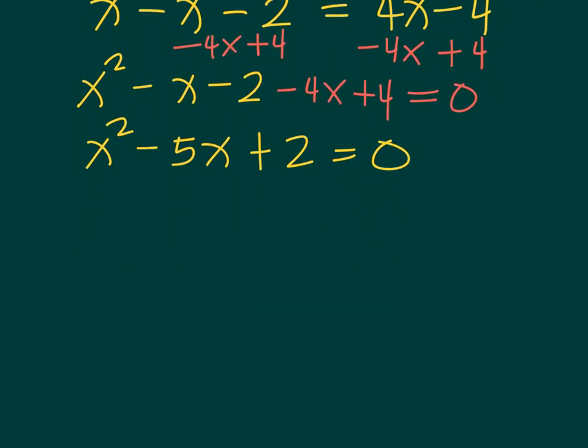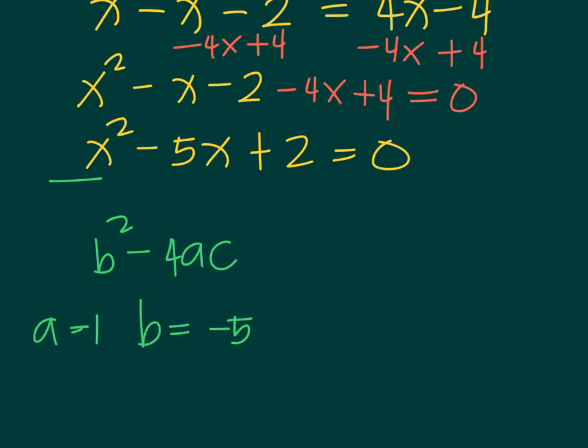Okay, again, our goal here is to find the nature of the roots. We're not looking for the roots. We just want to find the value of b squared minus 4ac. In this case, our a is 1, our b is negative 5, our c is equal to 2. So substitute properly.